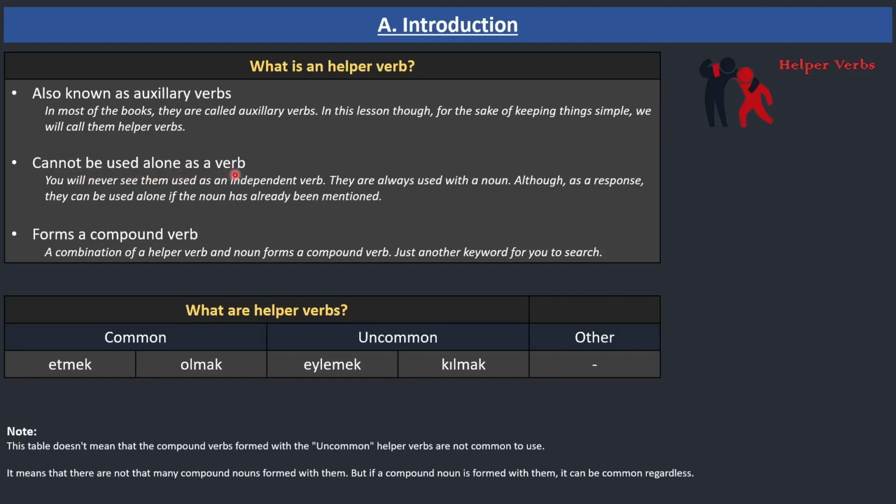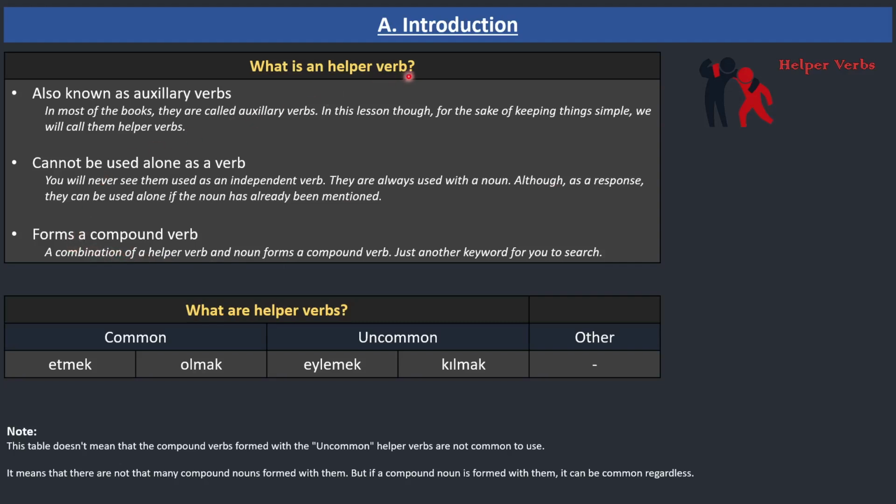That means they are always attached or used together with nouns. But bazen bir cevap olarak sadece helper verb'i söyleyerek de cevap verebilirsiniz, if the noun has already been mentioned.